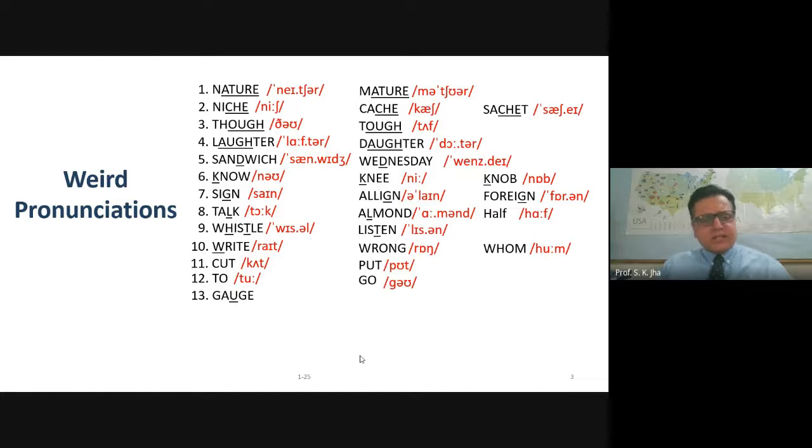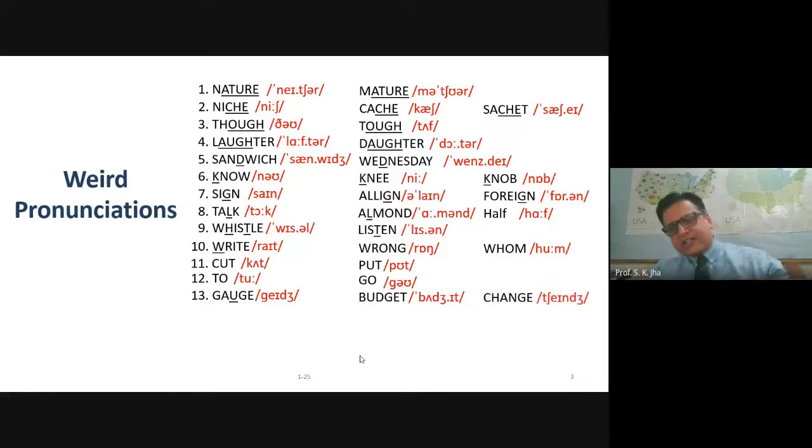So is the case in index 12. Similarly, in index number 13, "gauge", one may pronounce it wrongly. Similarly, one can say "budget", but it is not "gauge" like that. It is not "change" like that, it is "change".